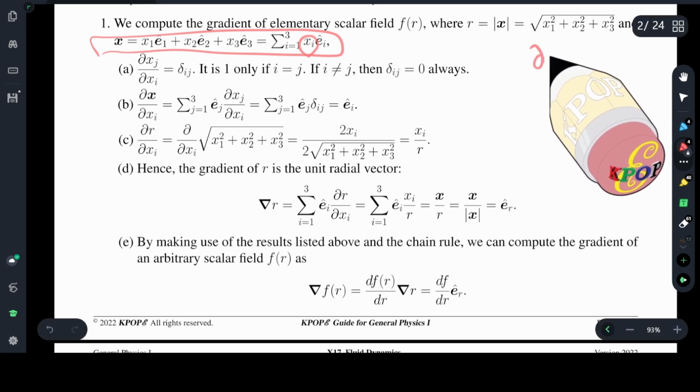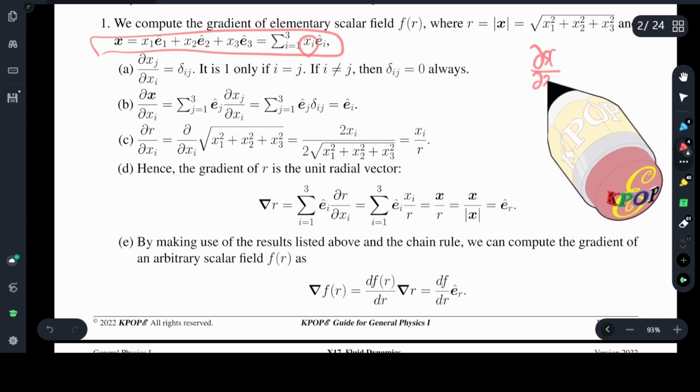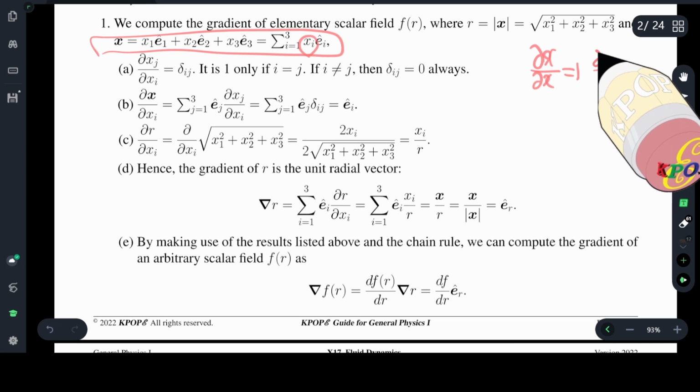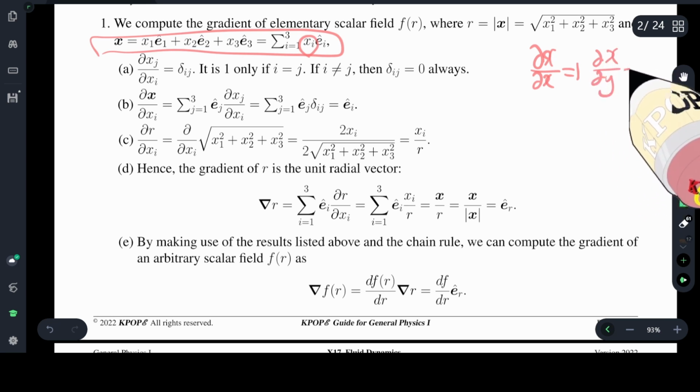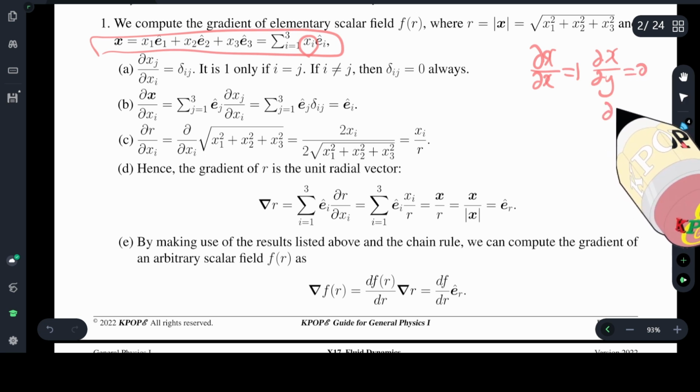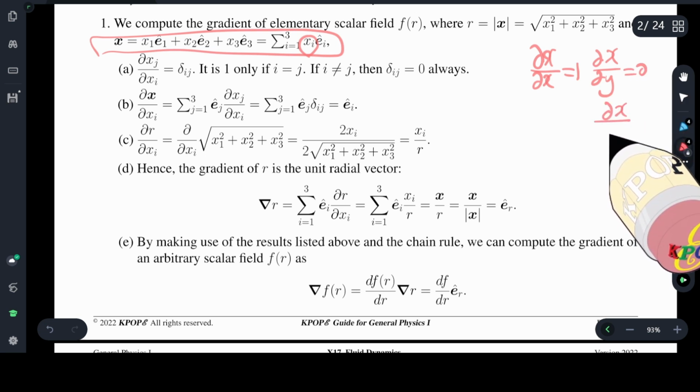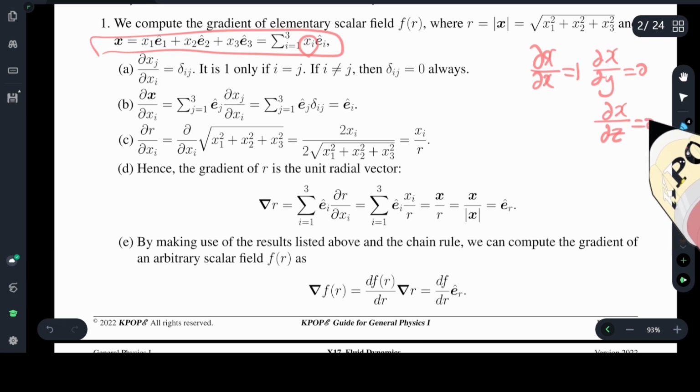For example, the x derivative of x is 1, the partial derivative of x with respect to y equals 0, and the partial derivative of x with respect to z equals 0.